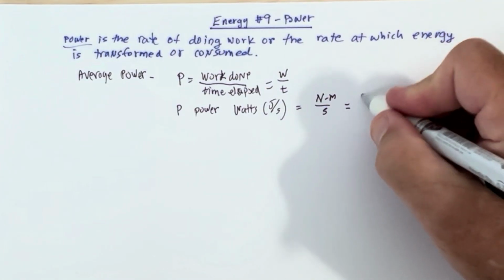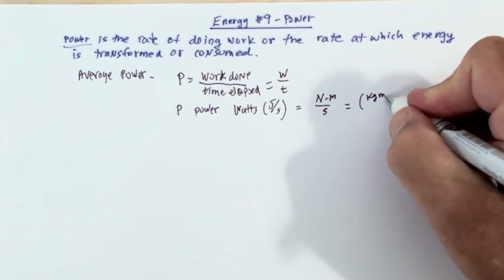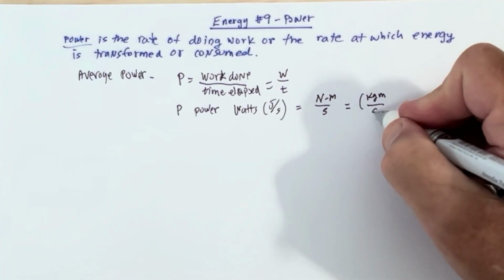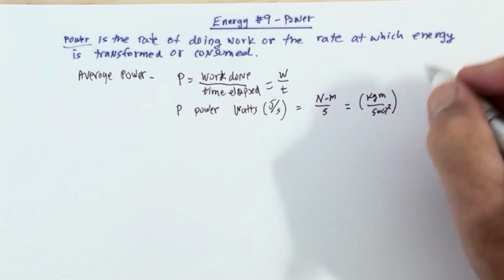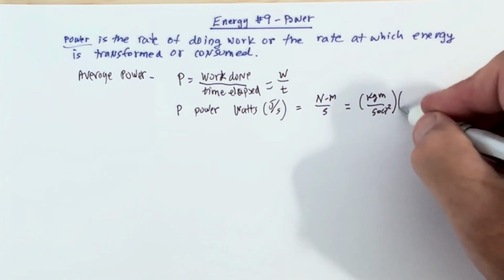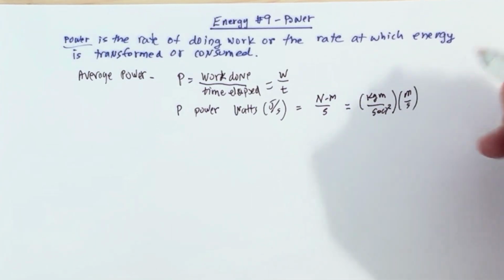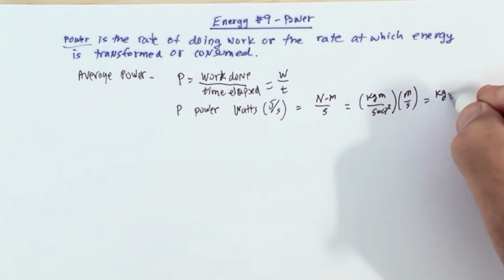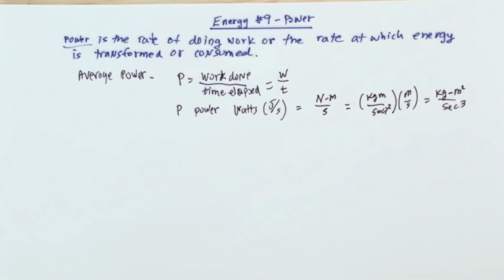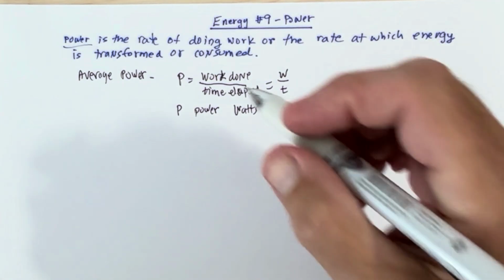Now we know a Newton is a kilogram meter per second squared, and then we multiply by the meter per second. So that's going to end up giving us kilogram meter squared per second cubed. So there's a unit breakdown of power, the watt.